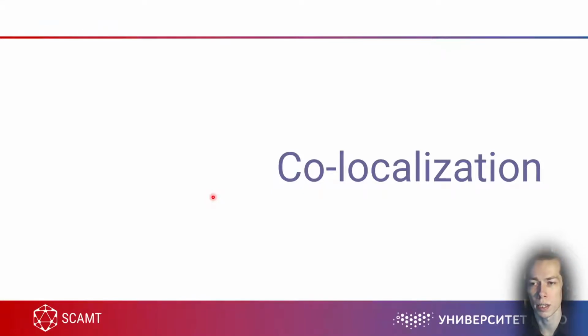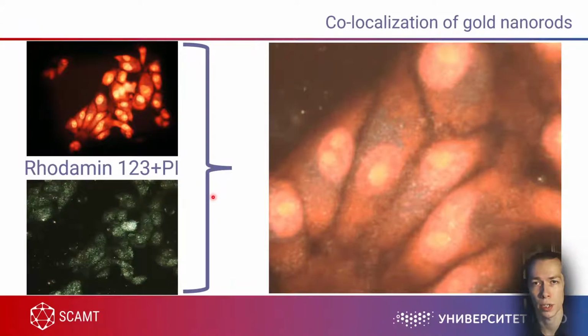For example, this drug will inhibit some pathways, and there is no purpose in finding the location of this drug inside the cell, because we know where this drug will go. But in the case of nanoparticles, in most cases this is very hard to predict, because they can use some endosomal escape. They can accumulate in some part of the cell, cytoplasm and so on. So how can this colocalization be executed?